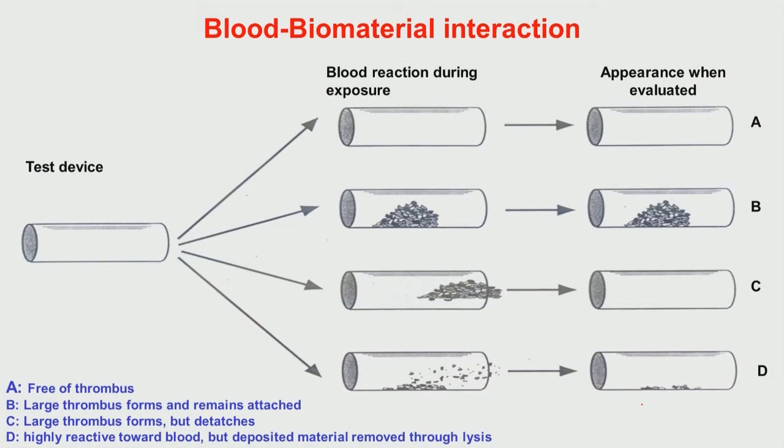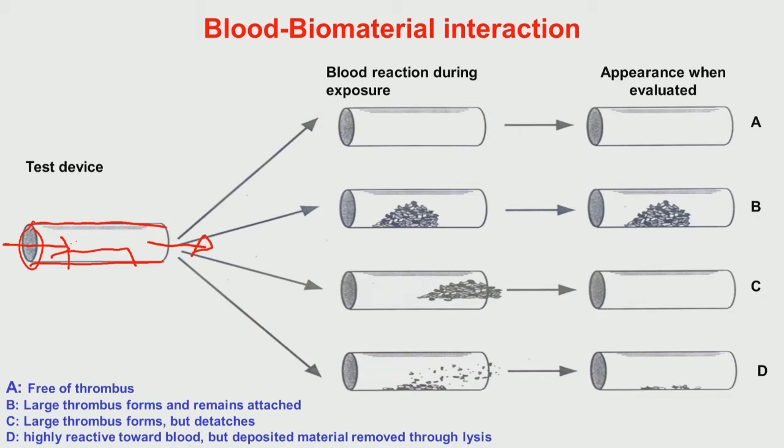Let me show you these scenarios with a little more clarity. So, this is the test tube here. In the test tube you put your sample somewhere here. On one side you make the test blood sample flow in and get out of the other side.